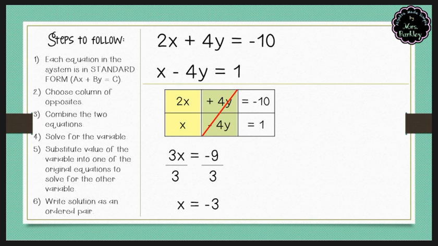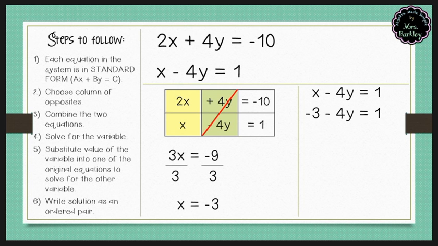So now we have the value of one of our variables. So now we're going on to step 5, where we substitute the value of the variable into one of the original equations. So recall that it doesn't matter which equation you choose. In this case, I just chose the second equation, x minus 4y equals 1. So now I'm going to substitute the value that I got for x, which is negative 3, in for x in the equation.